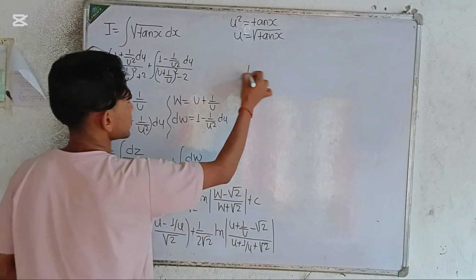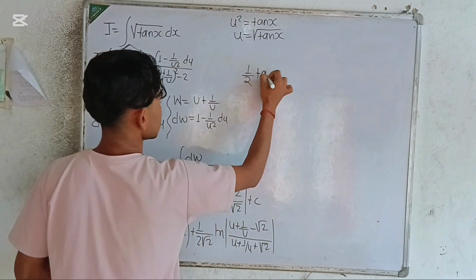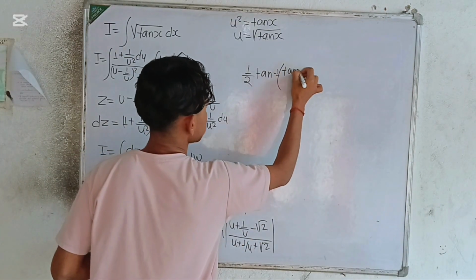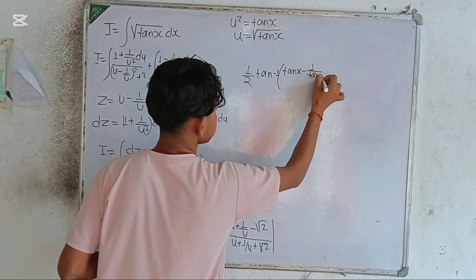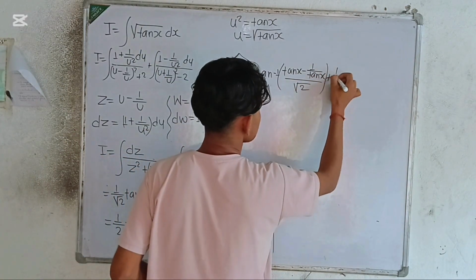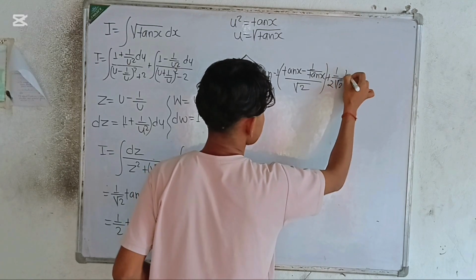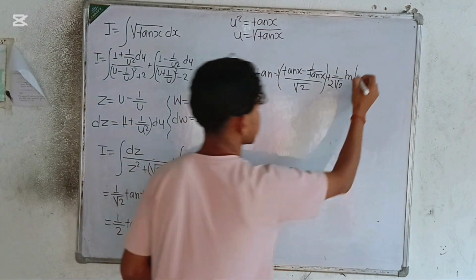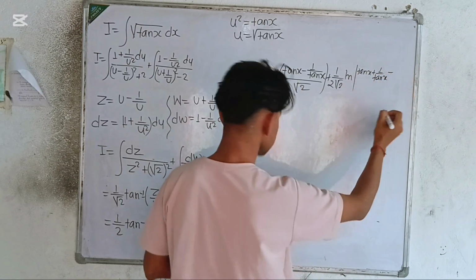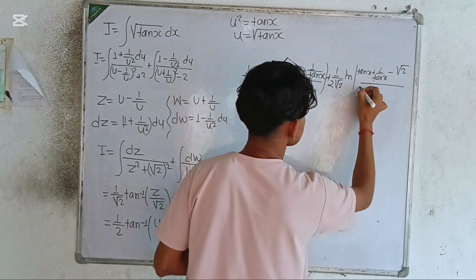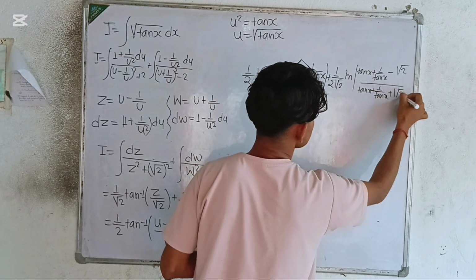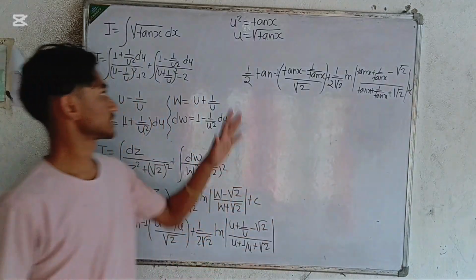So we get our final result as 1 over root 2 tan inverse of square root of tan x minus 1 over square root of tan x, divided by square root of 2, right, plus 1 over 2 root 2 ln of square root of tan x plus 1 over square root of tan x minus square root of 2, by square root of tan x plus 1 over square root of tan x plus square root of 2, with some constant c, and this is the final integral.